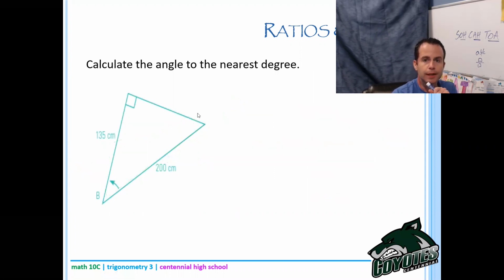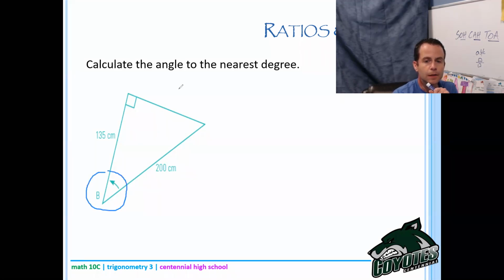Okay, so this guy, again, I'm looking for that little arrow section, so that's my B here. Given that that's B, this would be my opposite, this would be my hypotenuse, and this would be my adjacent. I have the adjacent and the hypotenuse. Which trigonometric function pairs up adjacent and hypotenuse?